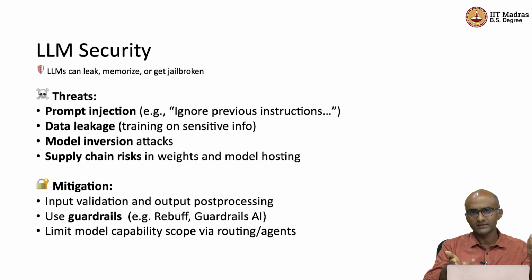They are prone to get jailbroken, which means they can reveal things about themselves which are not supposed to be revealed, or they can leak information inadvertently, just like humans do. So how do you prevent all of that? Let's take a look at all the threats which are unique or possible with LLMs, and then take appropriate mitigating actions on that.